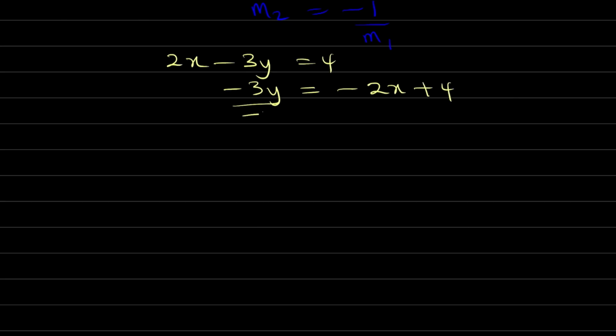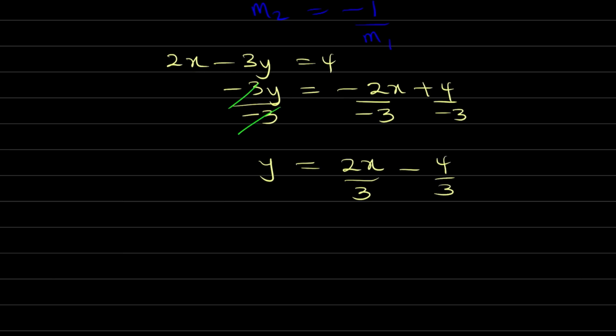Divide through by minus 3, minus 3, minus 3. So we get y is equal to 2x over 3 minus 4 over 3. As we can see, our slope is simply 2 over 3, which means m1 is equal to 2 over 3.